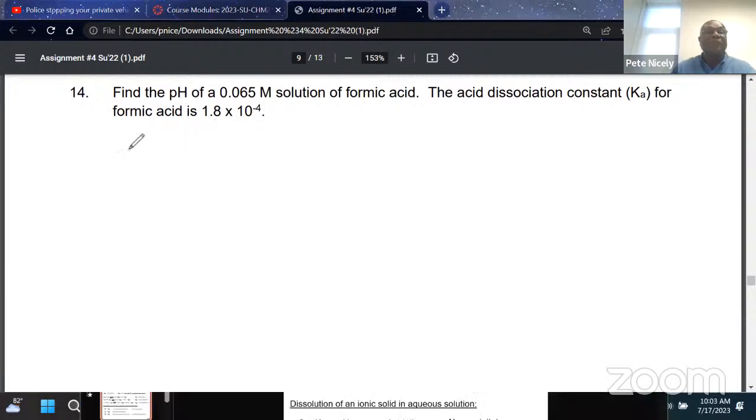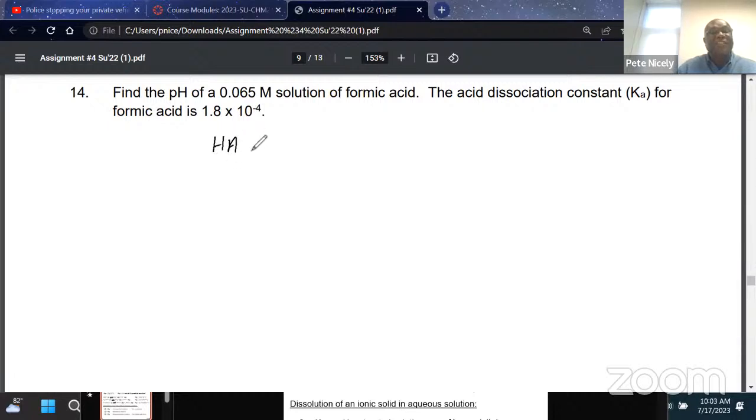All right, so the first thing I would do is write down the expression for the dissociation of the weak acid. Now, it is not really important for you to write down the entire formula for the acid.